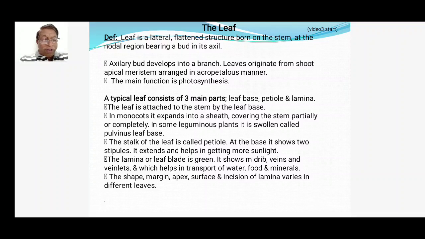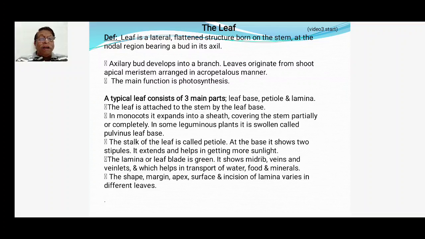You will find the leaf base, the leaf blade or lamina, the midrib, the veins, the petiole and the stipules, veins and veinlets, even the leaf apex.